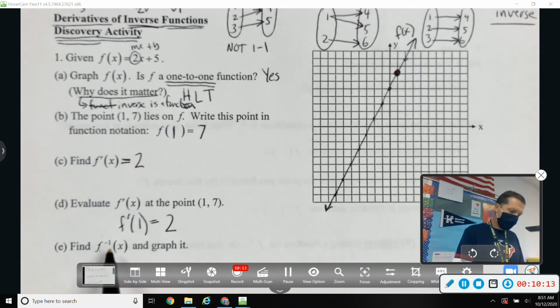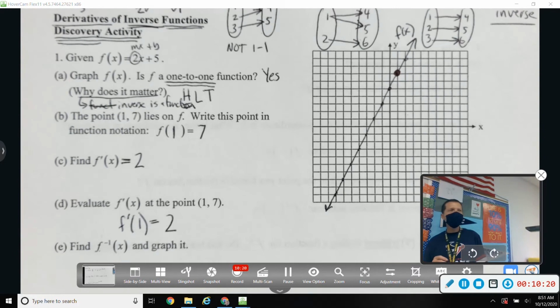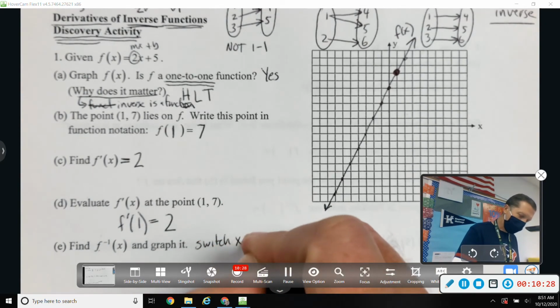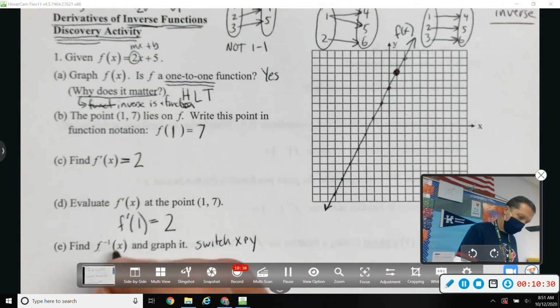Find f inverse and graph it. Do you remember how to find an inverse from algebra and pre-calc? You switch the x and the y. So I'll have x equals 2y plus 5.